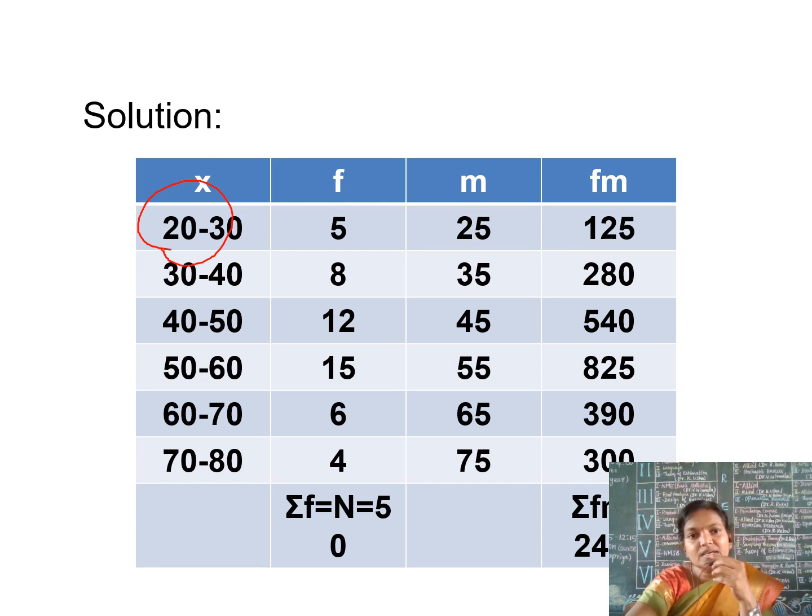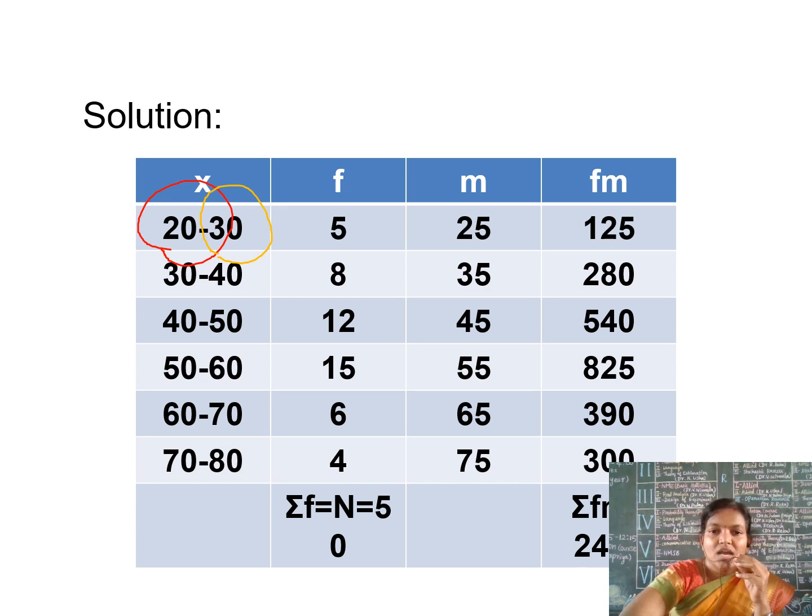The formula for mid value is lower class interval plus upper class interval divided by 2. Here 20 is the lower class interval and 30 is the upper class interval. 20 plus 30 is 50, and 50 by 2 is 25. So the mid value is 25. You should calculate similarly up to the end of the class intervals. It will be 25, 35, 45, 55, 65 and 75.